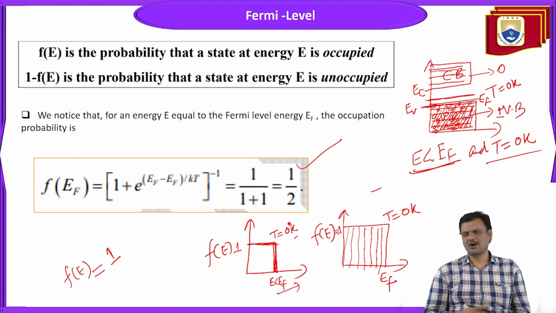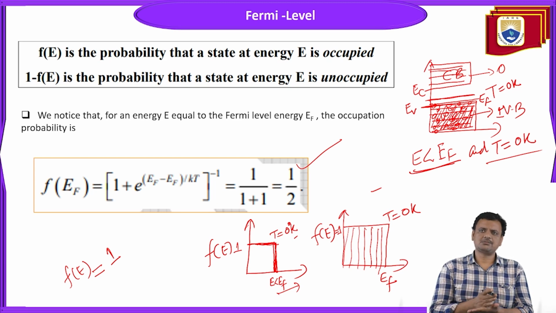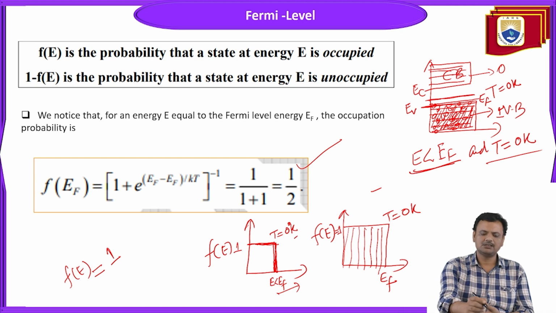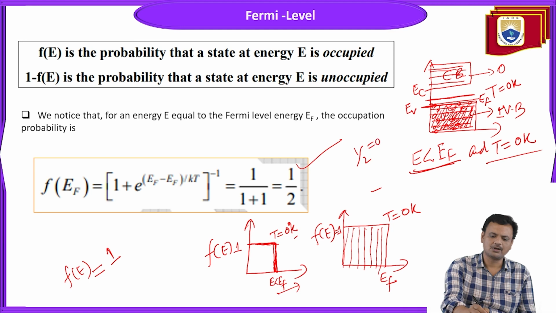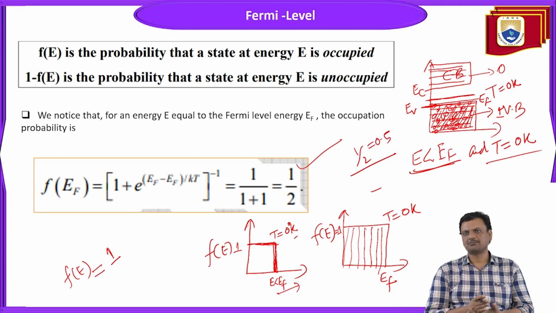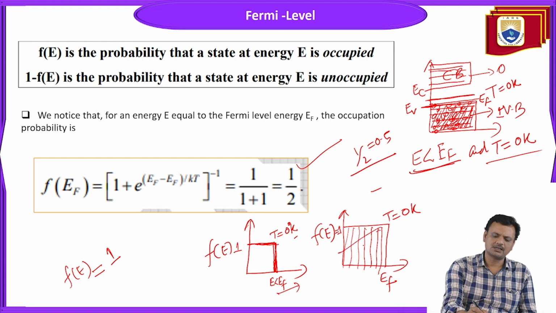So normally, what is the definition of Fermi level? That energy level will be considered as a Fermi level where the chance of occupancy is 1 by 2 or 0.5. But at absolute 0 temperature, meaning at 0 Kelvin, the chance of occupancy even for the Fermi level will be 1, and your Fermi level will be considered as part of the valence band.